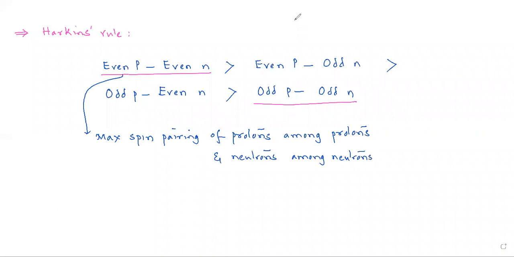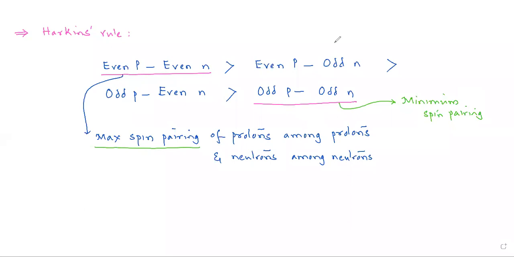So this maximum spin pairing is what actually gives it the maximum stability. And in this case, of course, it is minimum spin pairing of protons among the protons and neutrons among the neutrons.